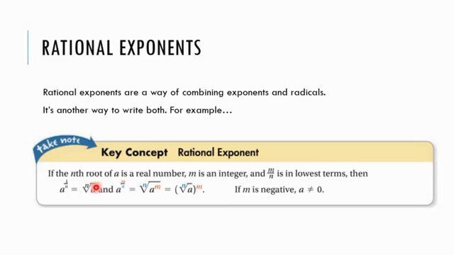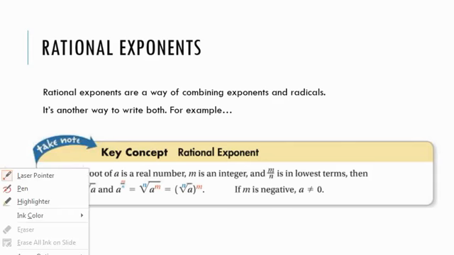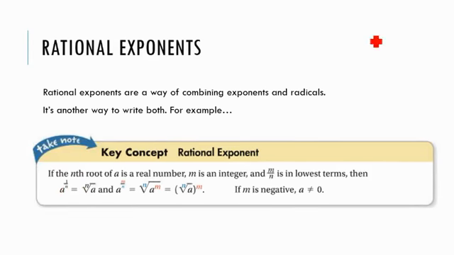So if the nth root of a is a real number, m is an integer, and m over n is in lowest terms, then a to the 1 over n equals the nth root of a, and a to the m over n equals the nth root of a to the m, or the nth root of a all to the m, where m is 0, or m is negative and a does not equal 0. So that's a little confusing, but I'm trying to explain that in another way.